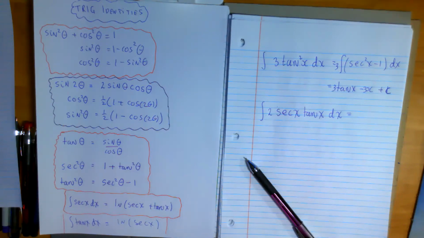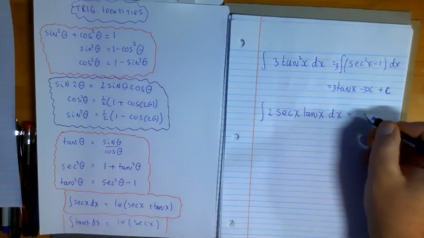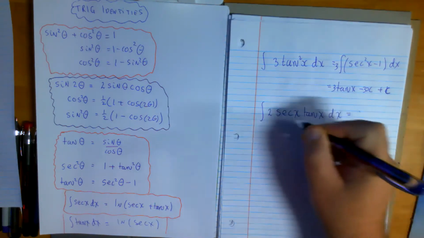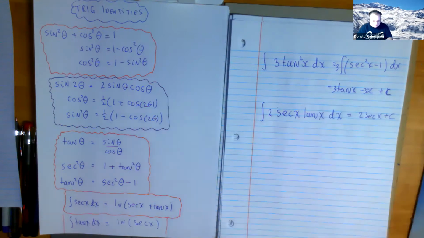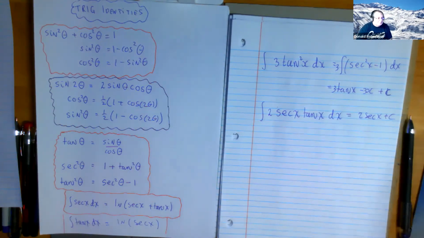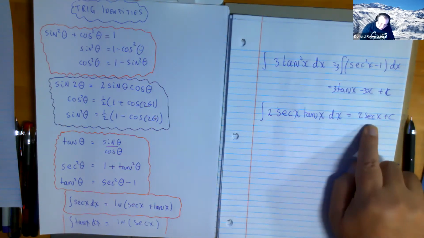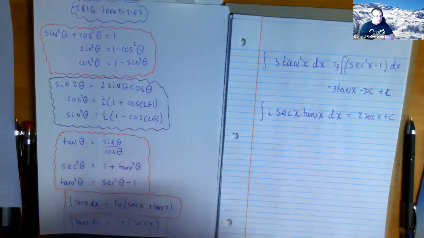Isn't that just a secant x? Right, so 2 of them just gets you 2 secants. The antiderivative of secant tan is secant, because the derivative of secant is secant tan. Remember the two-way street idea?